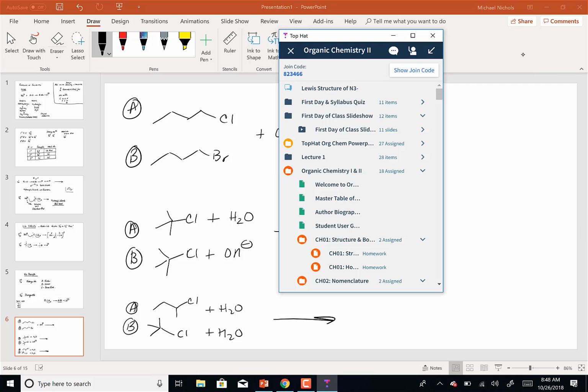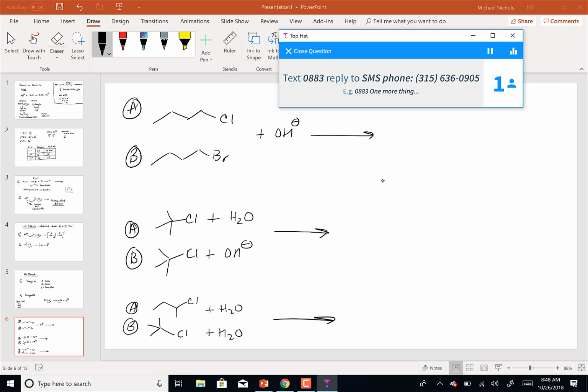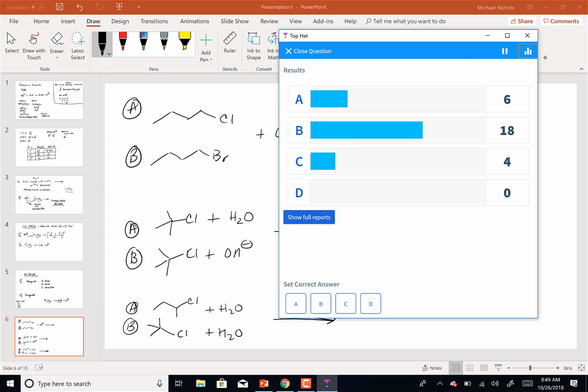Okay? Last one. A, B, which one's faster, A, B, or the same rate, C? Going once. So, looks very similar.